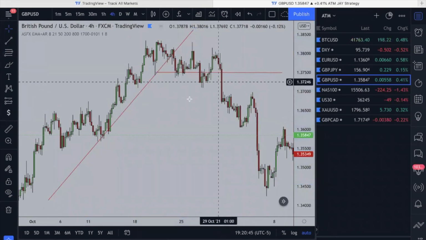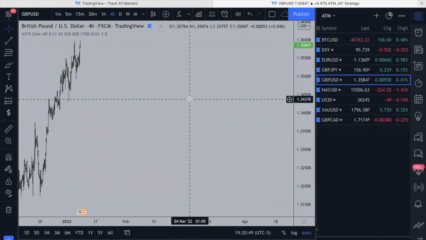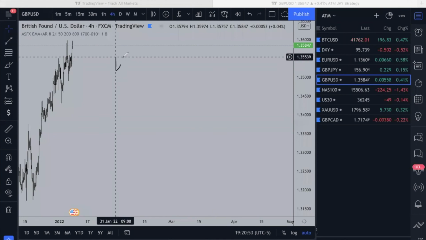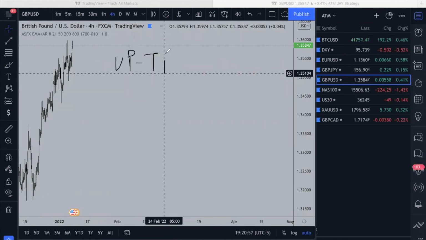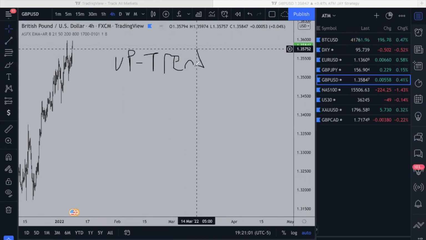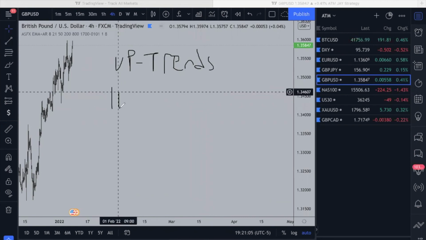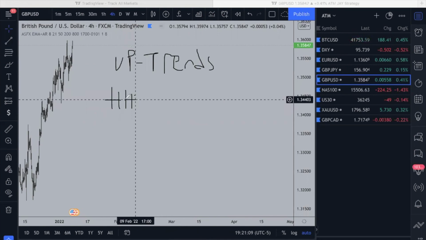So just to quickly recap, uptrends consist of higher highs, HH for higher highs, and then higher lows.